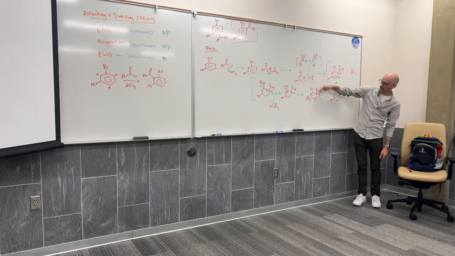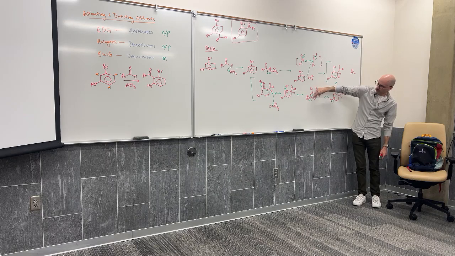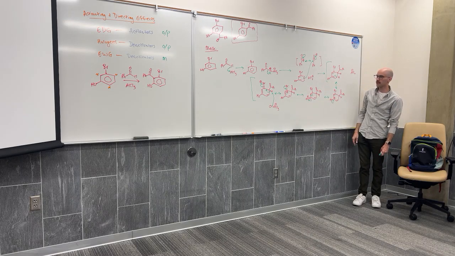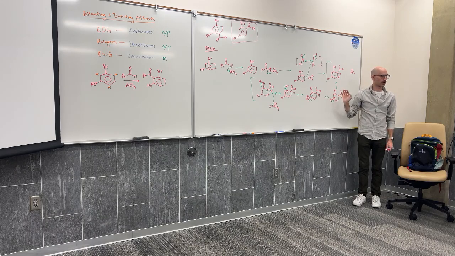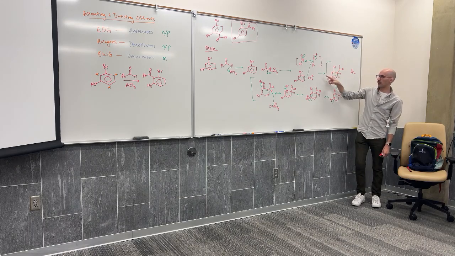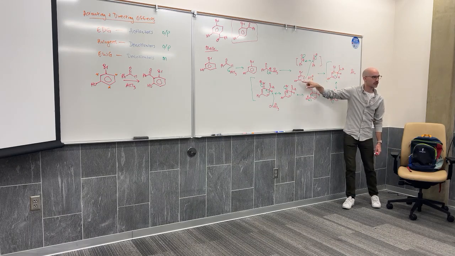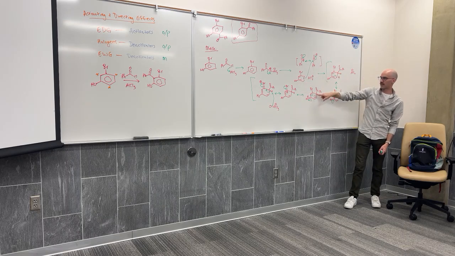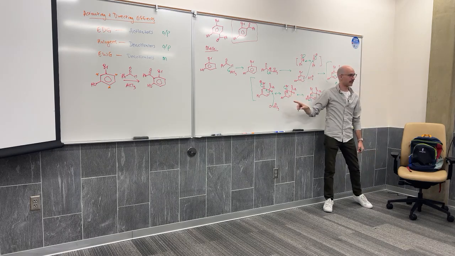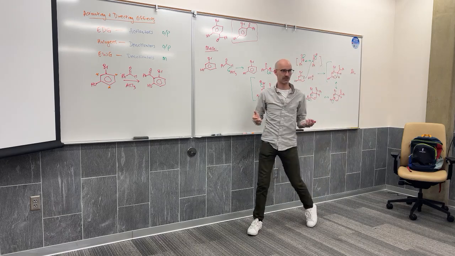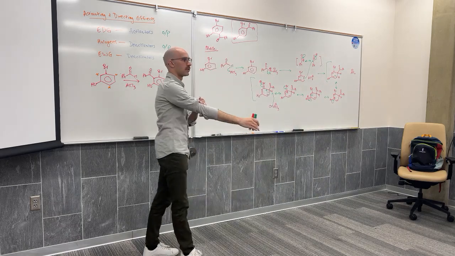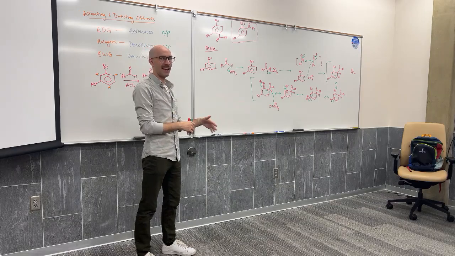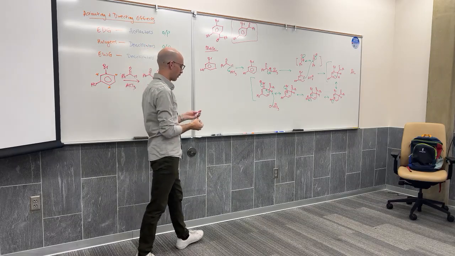Deprotonate the hydrogen, reform a double bond, move this double bond, and move that double bond back out. All of the resonance forms can work. So if your electrons start in a different place, your resonance form is going to start in a different place. And then your last resonance form might look different. So I want you to be comfortable drawing the last step from whatever resonance form you have.